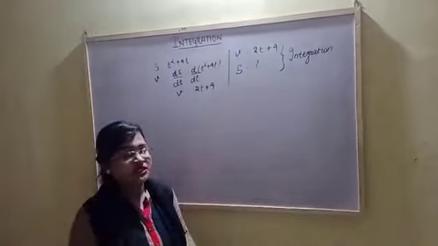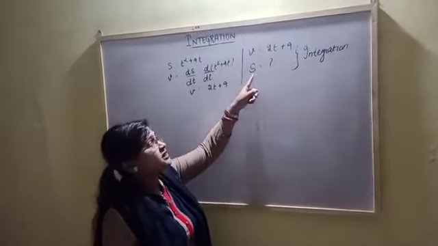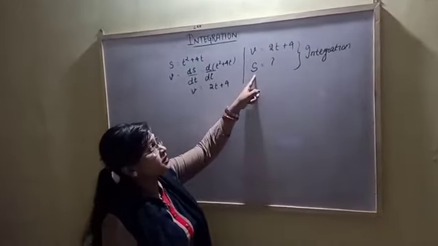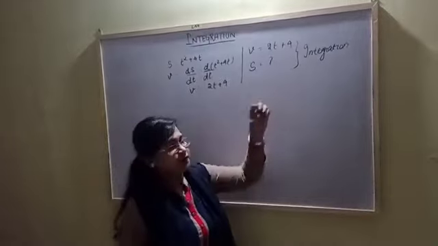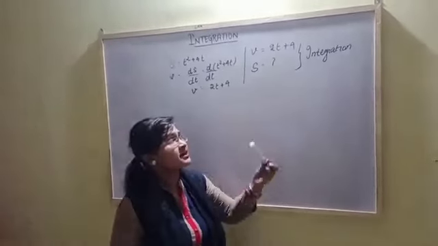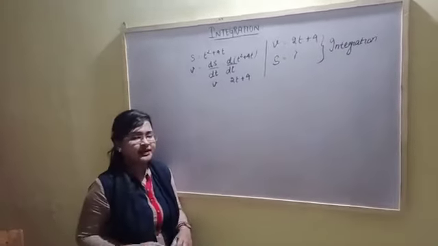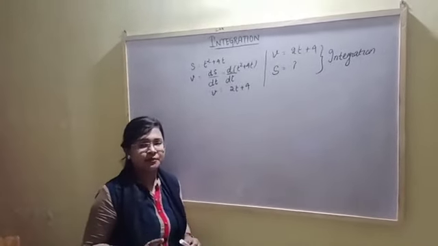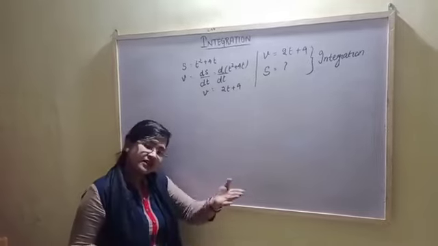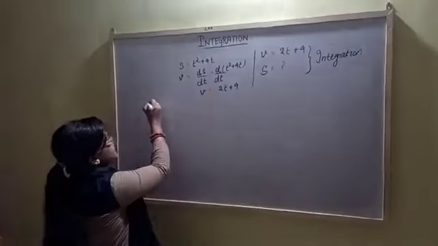Okay? We will find the value of displacement from velocity by the method of integration. So from this, you have got an idea that integration is nothing but the reverse process of differentiation.